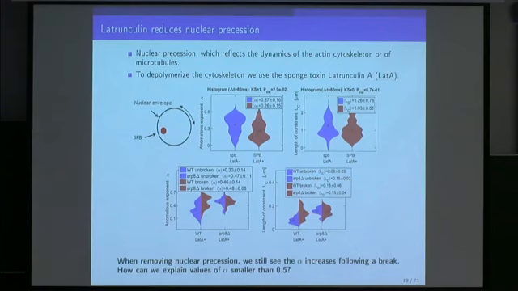And we see that when we induce a drug, a toxin called latrunculin, what it does is depolymerize the cytoskeleton, which has a grip on the nucleus and possibly rotates it. The consequence of this rotation or precession on nuclear processes is something very new and hot, and we don't really know, but it seems that there is some effect here. When you remove those motions with latrunculin, the anomalous exponent goes down.